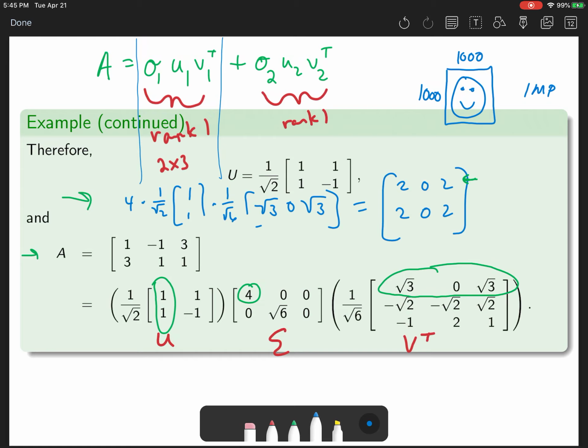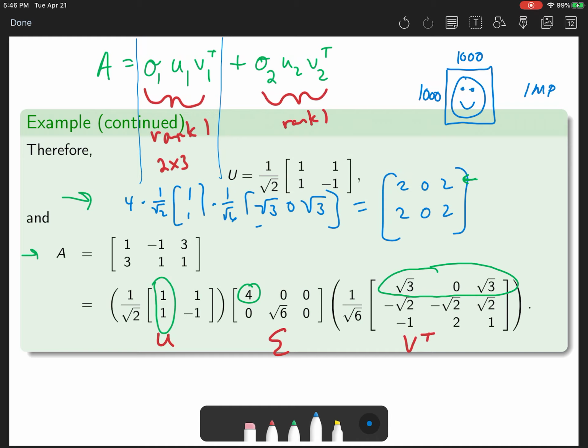But each pixel would be its own entry in a 1,000 by 1,000 matrix. Now, since we're using the singular value decomposition here, we don't necessarily have to use a square picture. We could use a rectangular picture, and that is fine. But essentially, when you read an image, you get a huge matrix that maybe has 1 million entries in it.